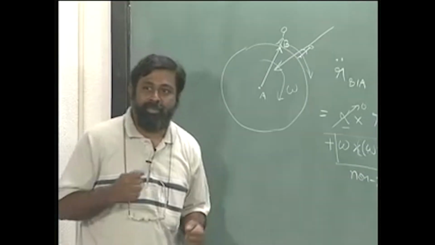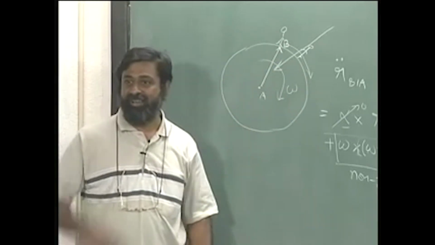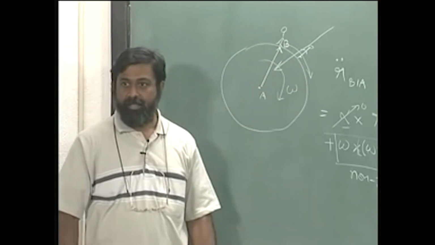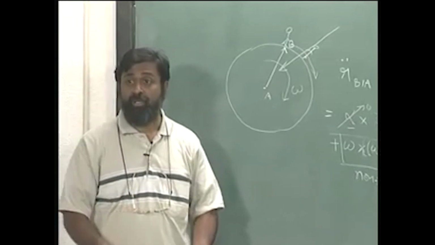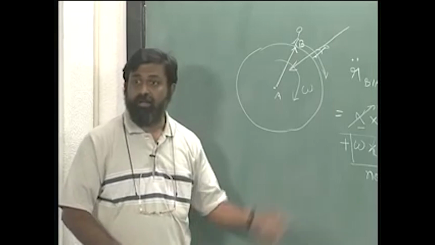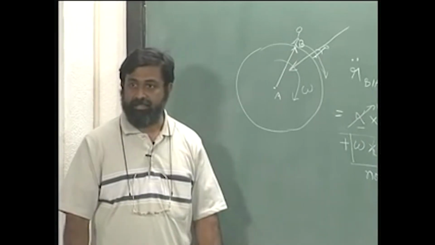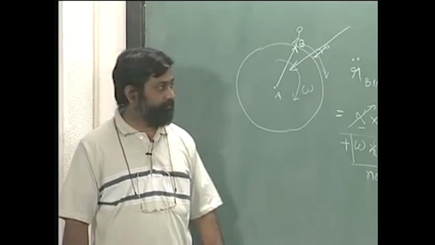Probably he may be accelerating along, let us say, the equatorial line. Can I find out what is the actual acceleration or velocity of that particular person? Okay. Let us do that exercise and see whether we can do that.